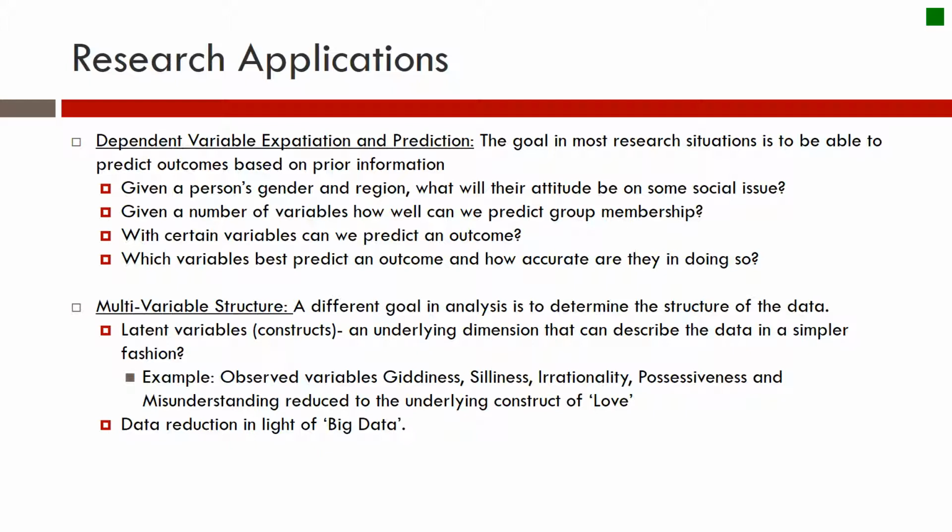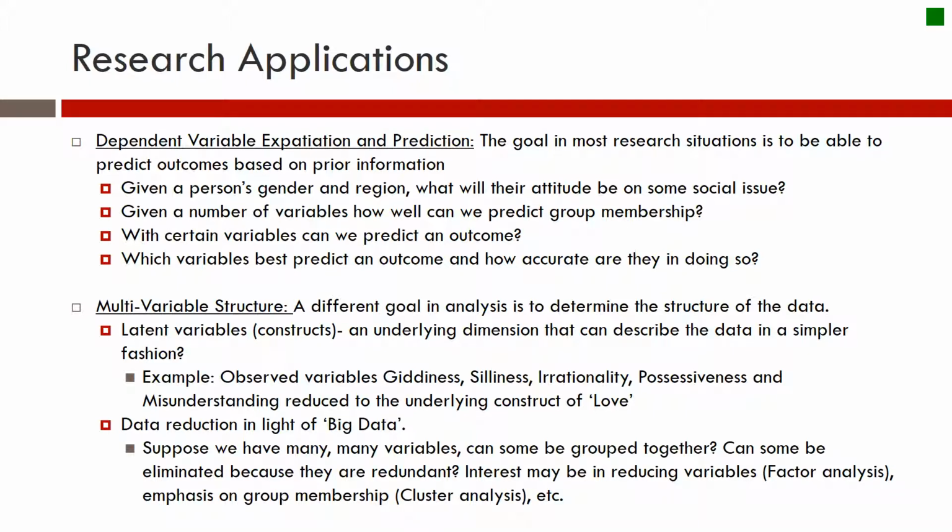Also, we have this idea of data reduction. These are just a couple of examples of research applications, and some practical applications before. Think about the example before where we had product attributes or product characteristics. I'm trying to decide the best features of a product to include. If I have 20 or 30 features, that's way too many.